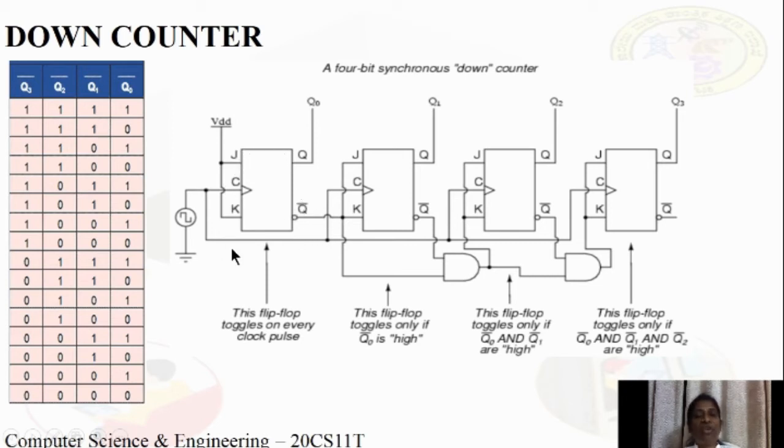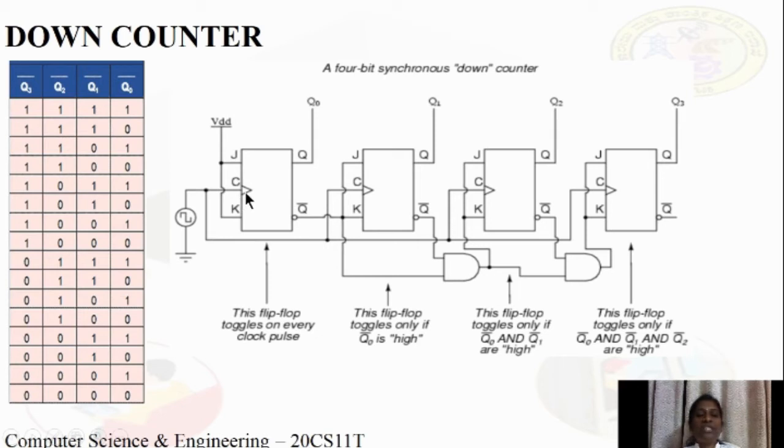For the first flip-flop, the output is Q0. For this Q0 value to change, as we all know, the JK flip-flop should toggle. For it to toggle, we need to make both J and K high. For that purpose, these two inputs have been combined and connected to the high power supply, which we can name VDD.